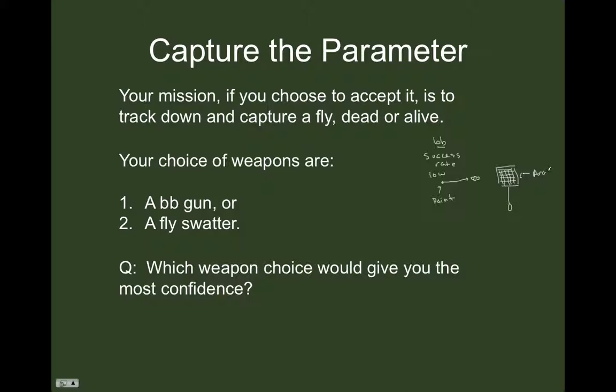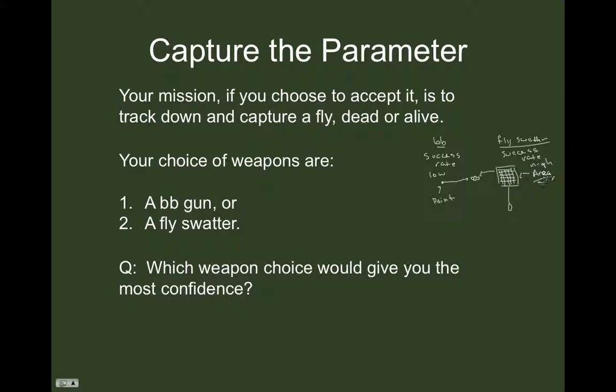It's got a larger surface to swat the fly with, so using a fly swatter, I think we would say our success rate would be much higher, and therefore our confidence is also higher.